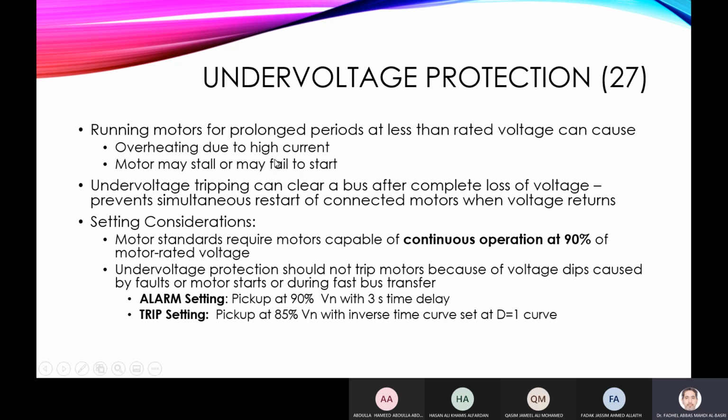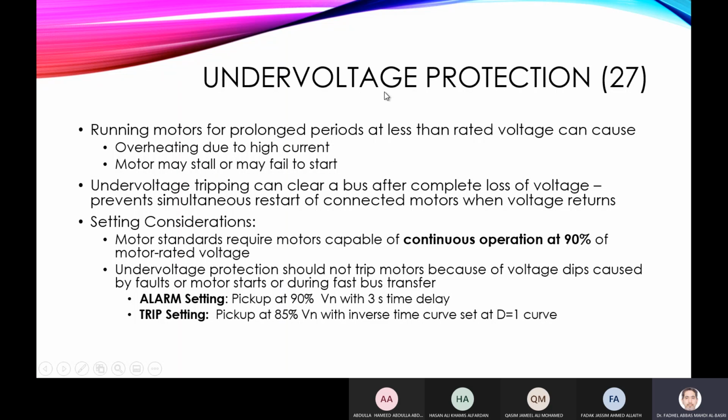Once the supply comes back, you don't want all the motors to be started simultaneously. That situation will cause high inrush currents for all the motors, and another voltage dip will occur also due to the high current draws.